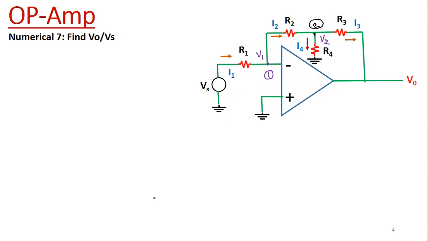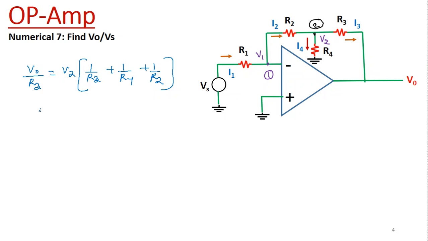Now we take all the terms of V2 together in the equation and shift VO by R3 to the left hand side. So we get VO by R3 is equal to V2 whole multiplied by 1 upon R3 plus 1 upon R4 plus 1 upon R2.